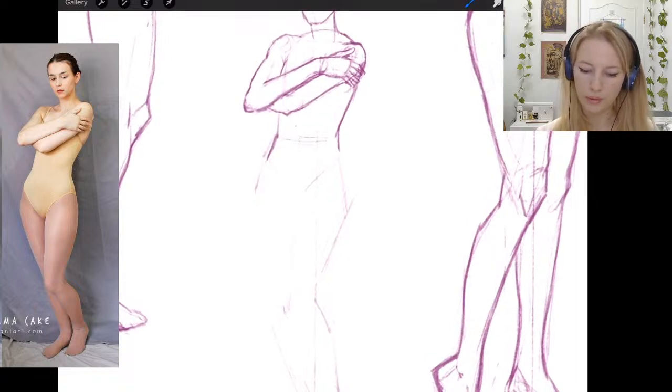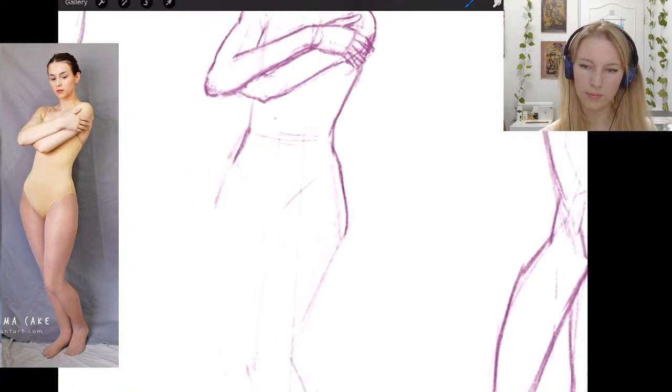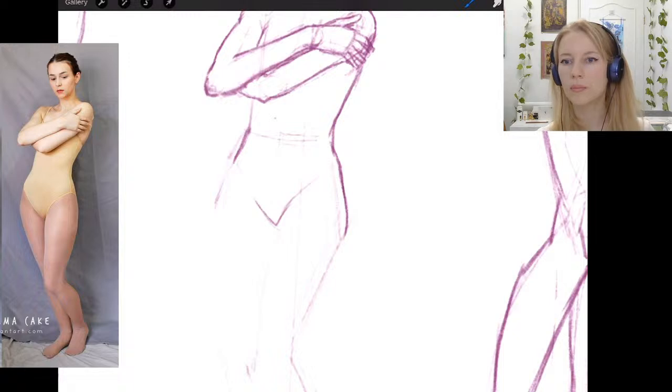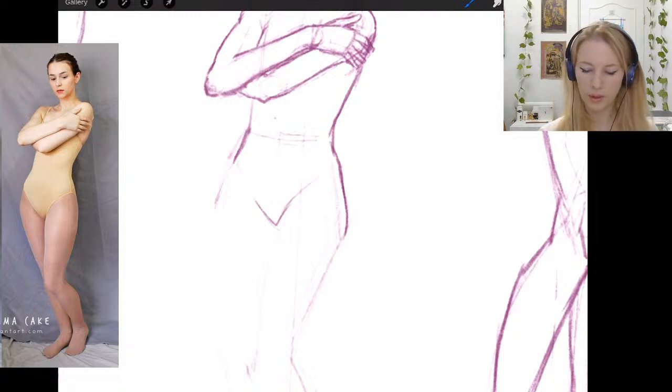Okay, so it's time for the pelvis. Let's see how it works here. And actually, thanks to this bodysuit, we can see the approximate line of how a leg is attached to the body.